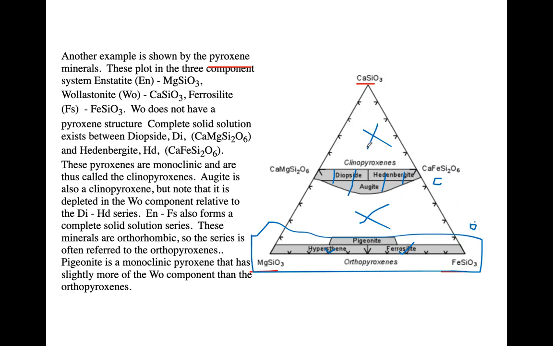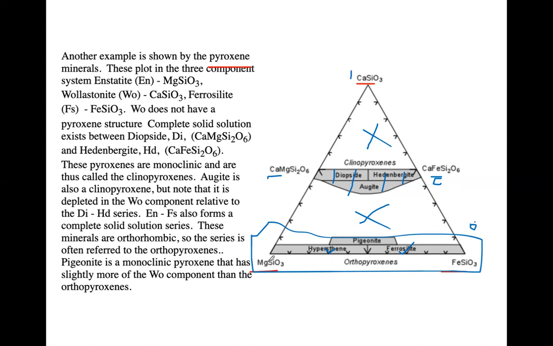You can't mix components in those areas. So you have orthopyroxene and clinopyroxene solid solutions. CPX solid solutions go from diopside to hedenbergite, and also augite with variable composition of calcium.